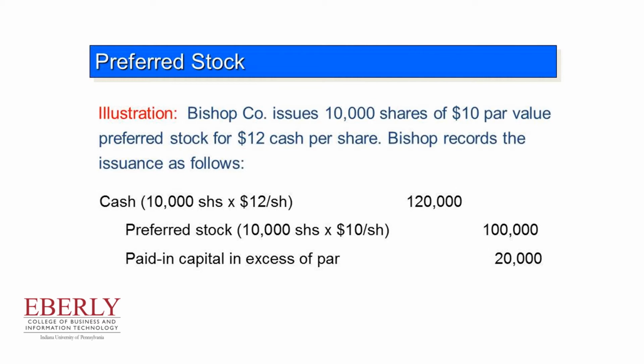They will debit cash for the money received, which is the 10,000 shares times the $12 cash received per share. That's $120,000. Now, what do you remember about recording common stock? I have told you before that when you record common stock, you can only put the number of shares issued times the par value in the line account common stock.